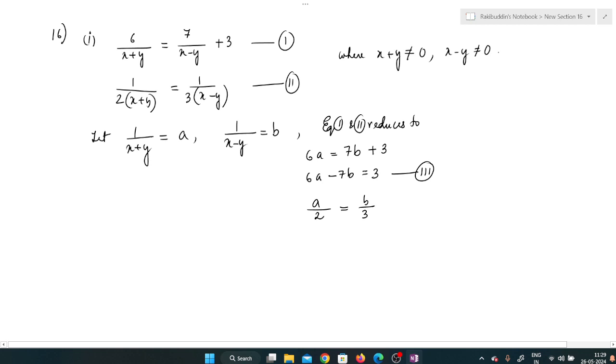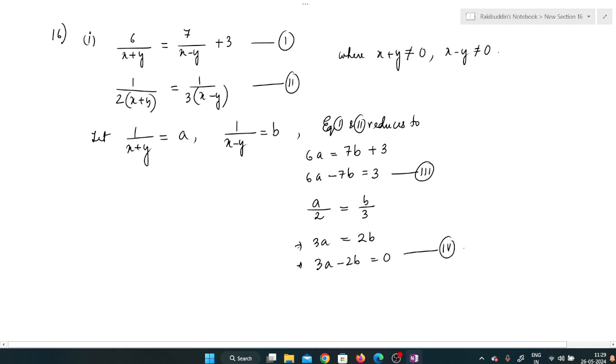So directly it becomes 3a equals 2b, or 3a minus 2b equals 0. So this is equation 4.